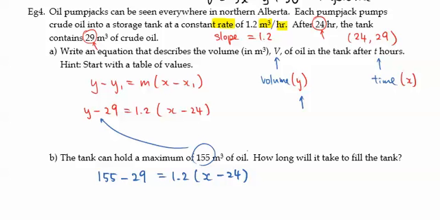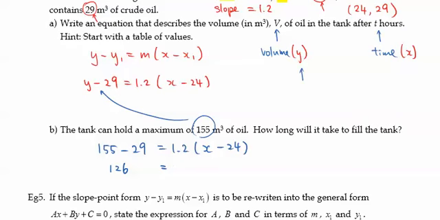We can solve this equation one step at a time. Do the subtraction first. And this is 1.2x minus 28.8.